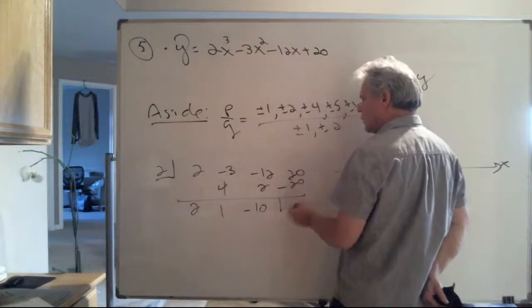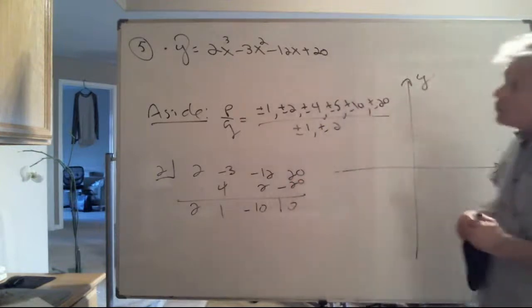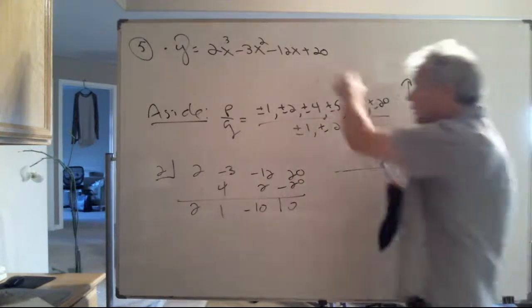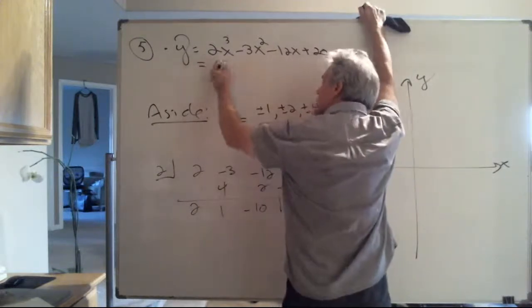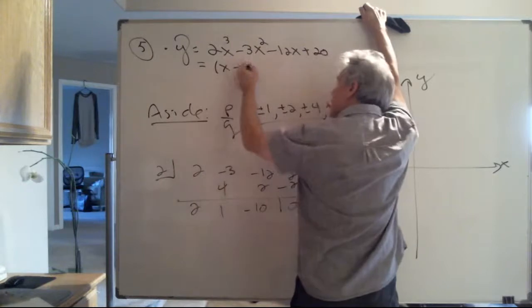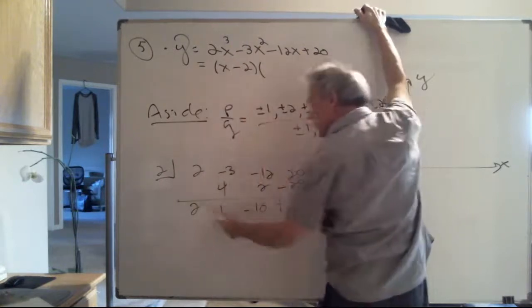Oh, look at that. It works quite nicely. What that really means is that this third degree polynomial factors quite nicely into an x minus that 0 times a trinomial whose coefficients are here.